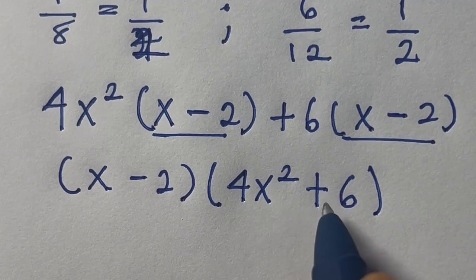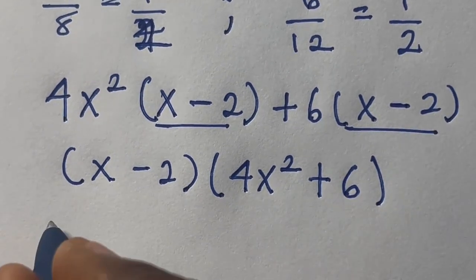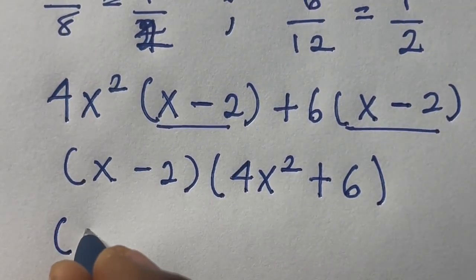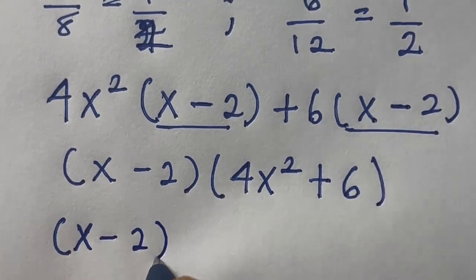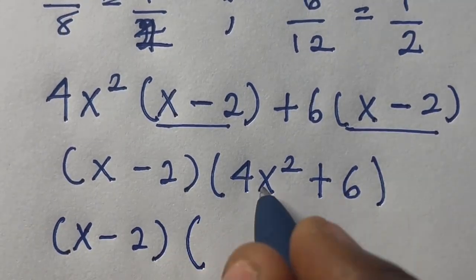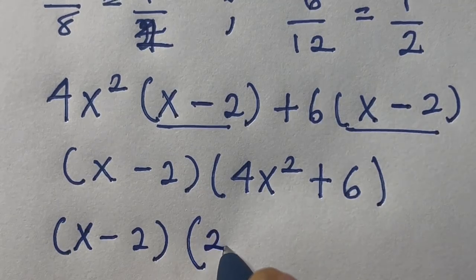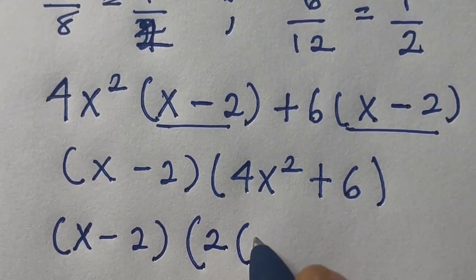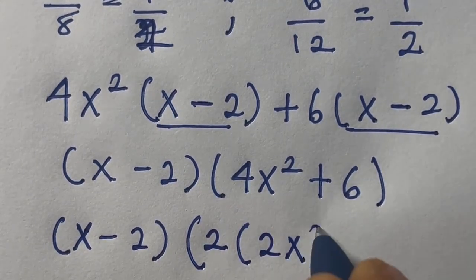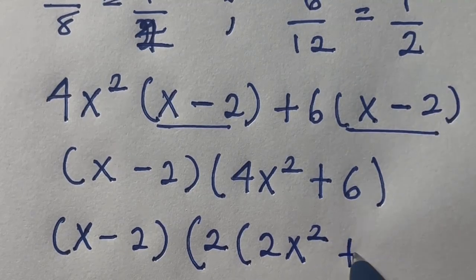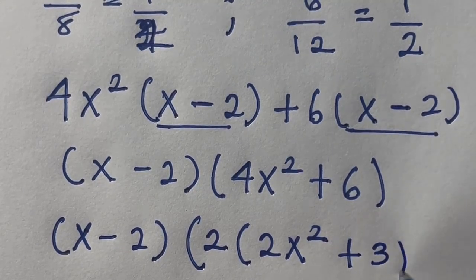All right, but if you look at this, you will see that we can still factorize it because it has a common factor. So if you look at 4x squared plus 6, what's the common factor? That is 2. We have 2x squared plus what is left here, 3.